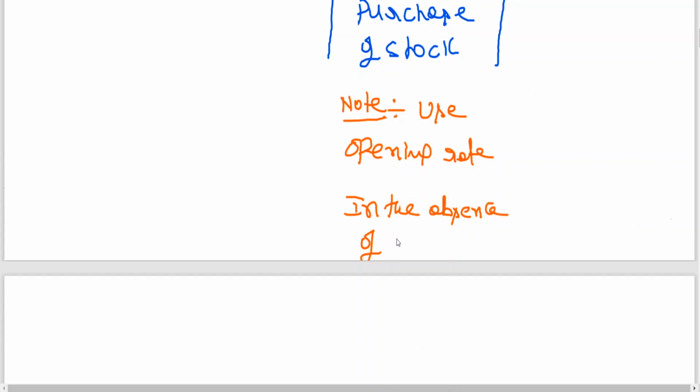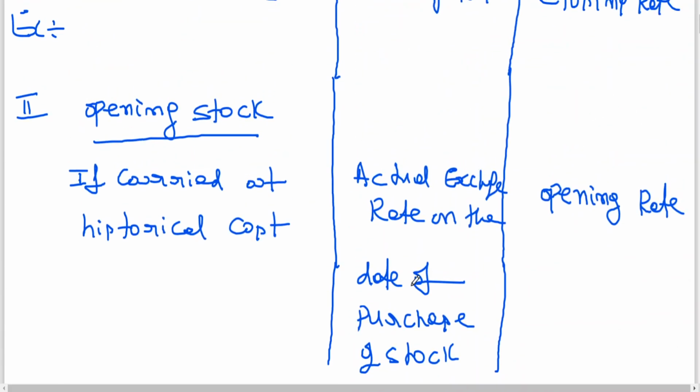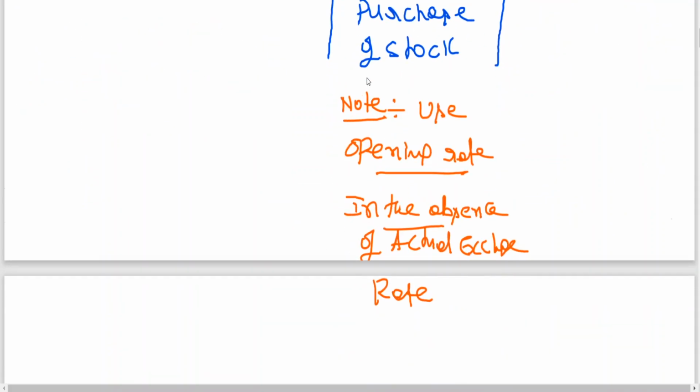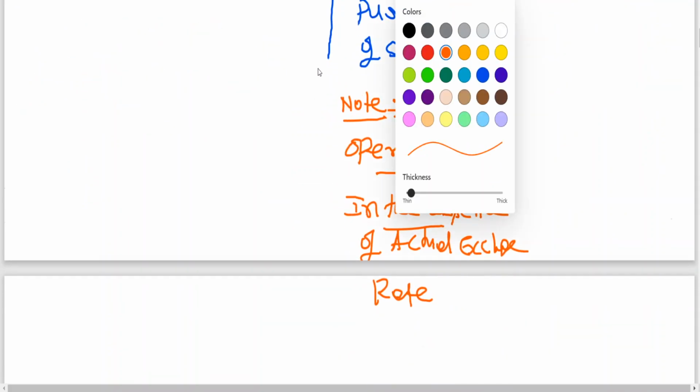Use opening rate in the absence of actual exchange rate. Then it becomes for integral foreign operation also opening rate, and for other also it is at opening rate. That is for integral, non-integral, it will be same.